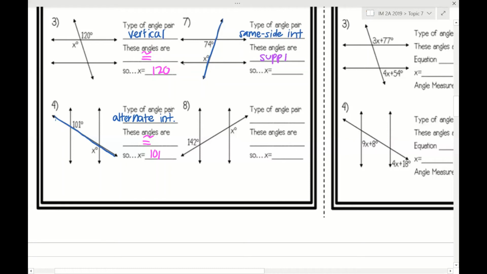Which means that in order to find the value of x, we have to subtract from 180. And so in this case, we're doing 180 minus the 74 of the other angle, which means that x is 106.